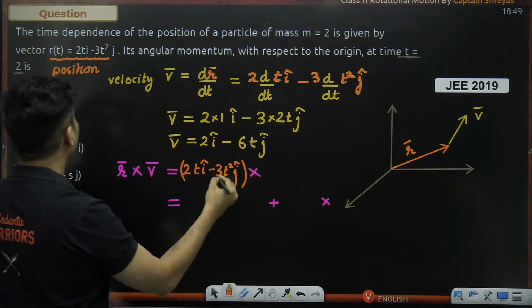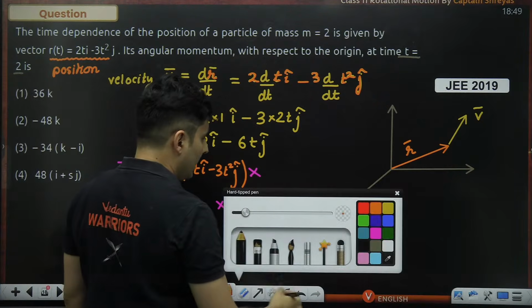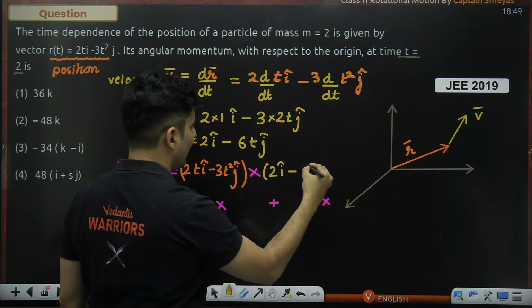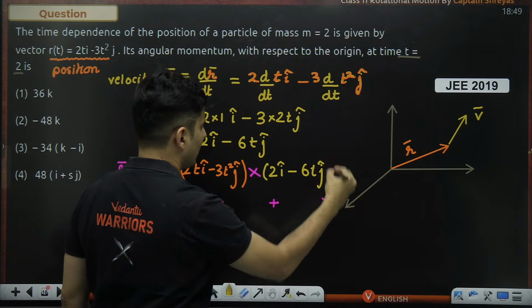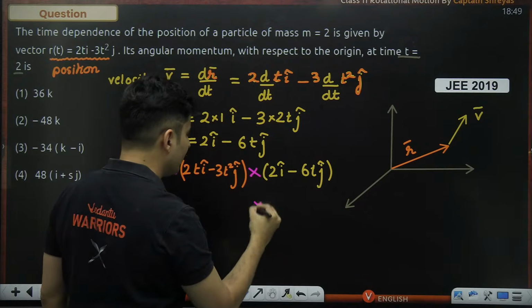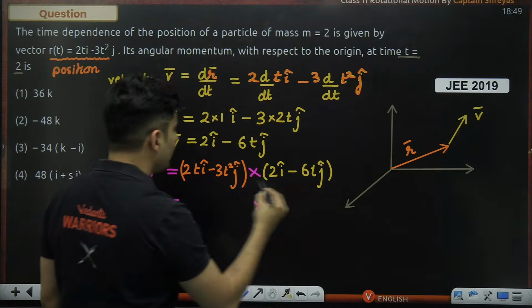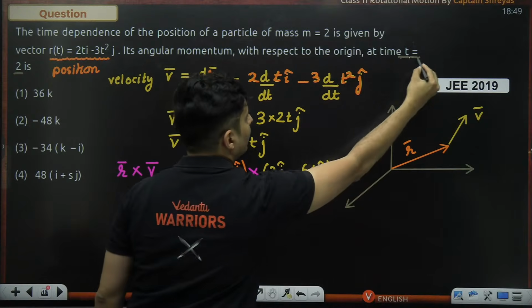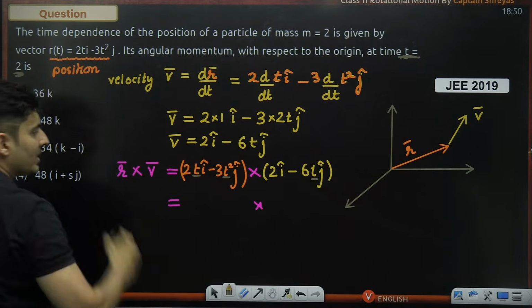And if you see the velocity vector, that is 2 i cap minus 60 j cap. Now I'll do one thing. I'll substitute the value of time over here as 2 seconds.